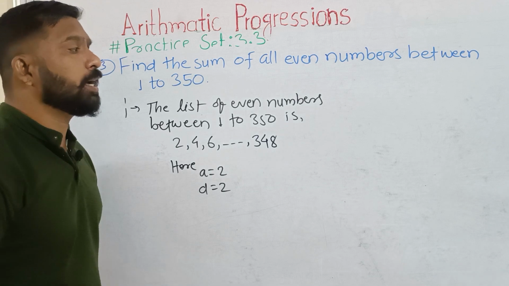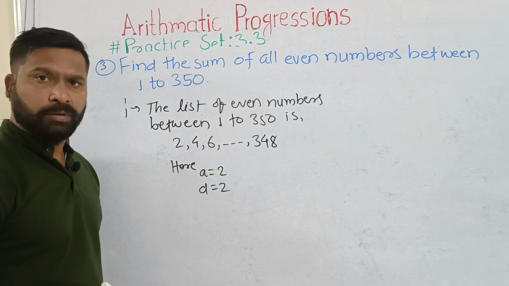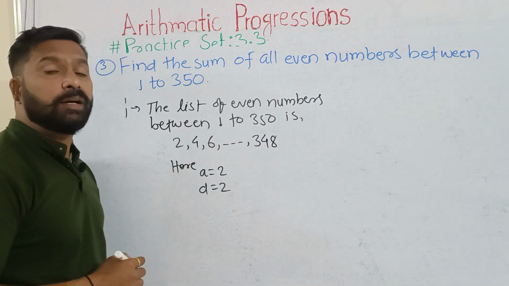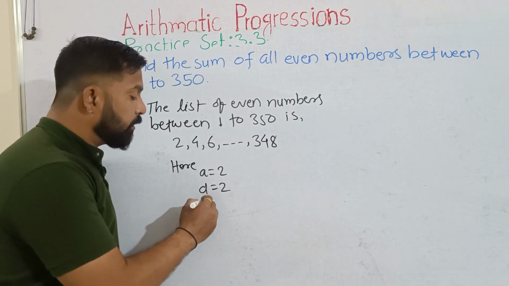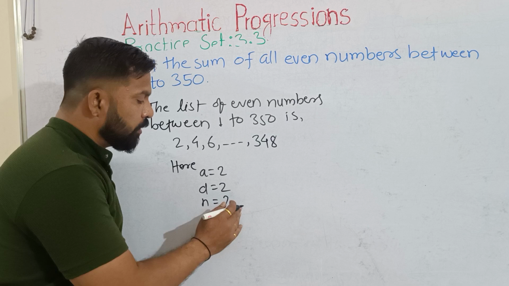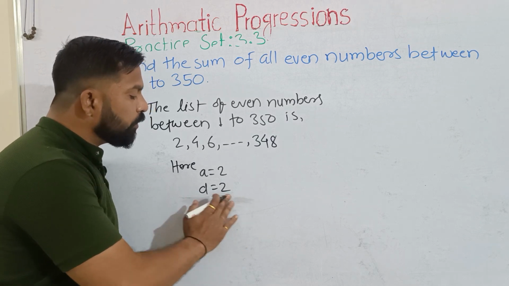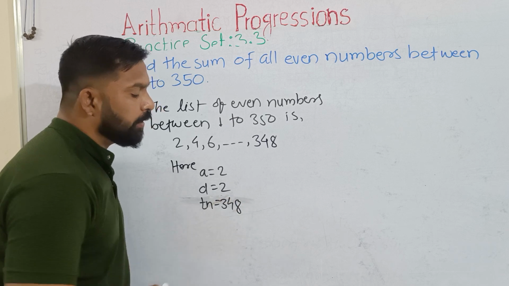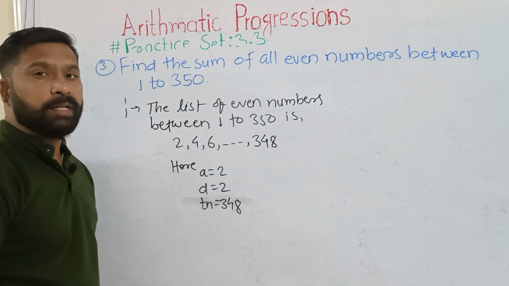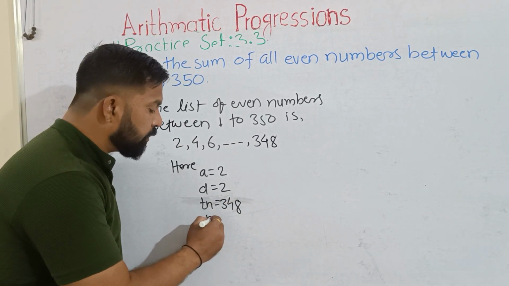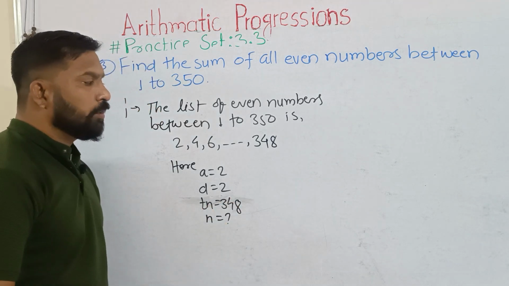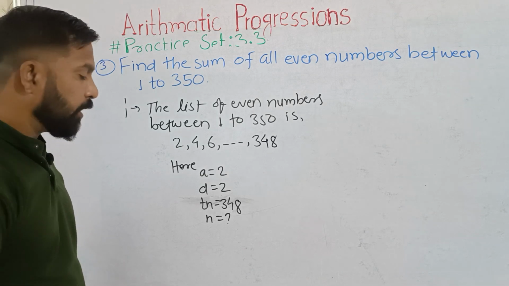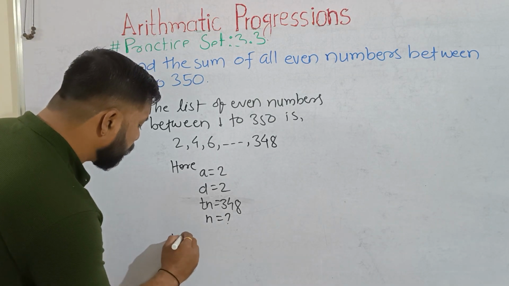How many numbers are there? Do we know? We don't know. So we want to find the number of terms first of all. n is equal to what? Before that, do we know Tn? Last term 348. With the help of the Tn formula, we can find the number of terms.